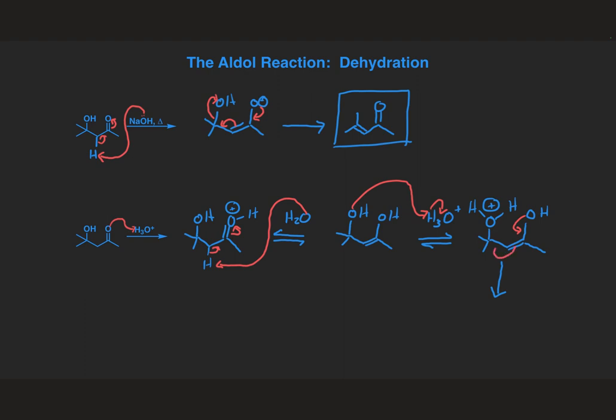These electrons will kick over and kick off water to give the protonated ketone. And in a final step, we can deprotonate the ketone to give the alpha beta unsaturated ketone as the final product.